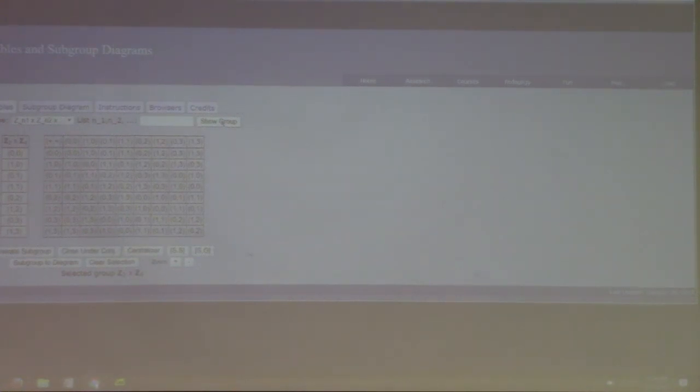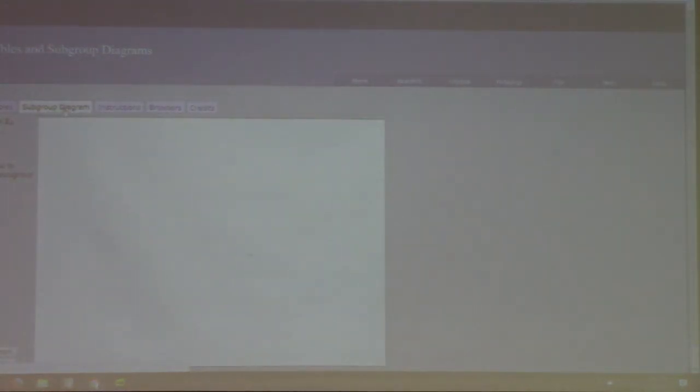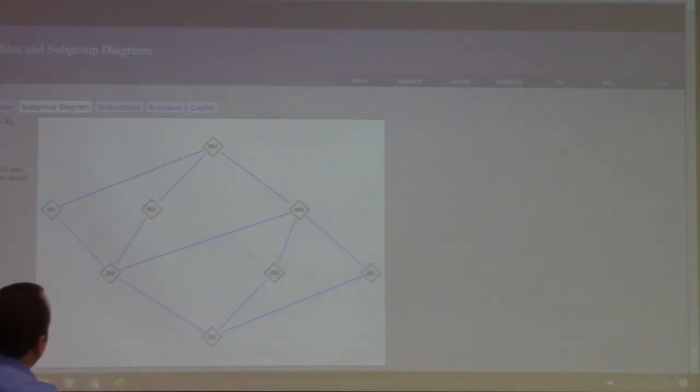But the cool thing, and we'll talk about this hopefully next time, is that it also will create subgroup diagrams. I don't entirely understand his diagrams, I'll admit. But when I look at them, it means something. If I spent more time to understand his nomenclature, I could figure out what he's saying with this.